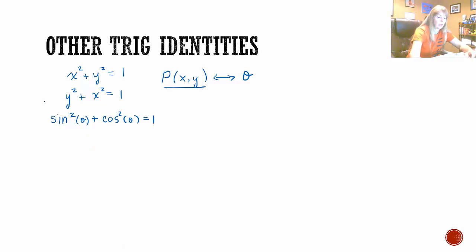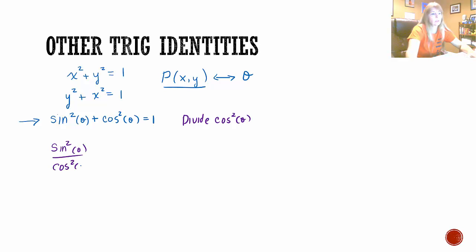Let's start with this one. If I take this first one and divide every term by cosine squared theta, I'm going to have sine squared theta over cosine squared theta plus cosine squared theta over cosine squared theta. Remember, this is algebra.